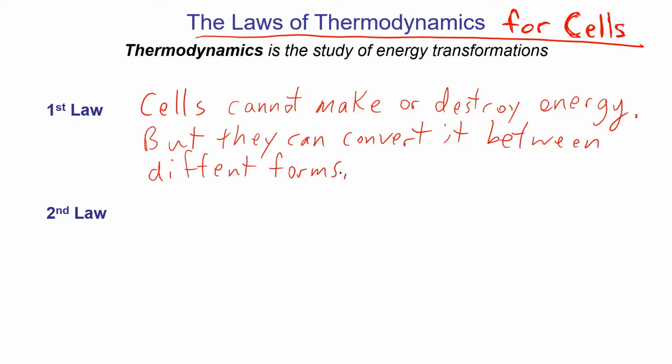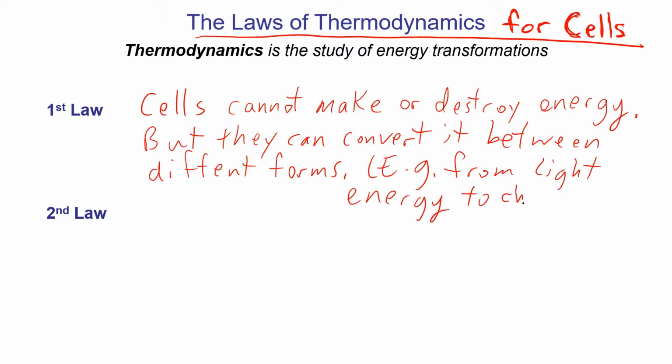So for example, if you're a plant, maybe you're converting from light energy to chemical energy. And by chemical energy, of course, I mean chemical potential energy in bonds.